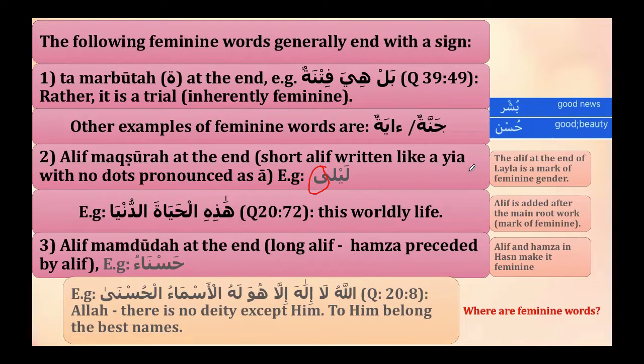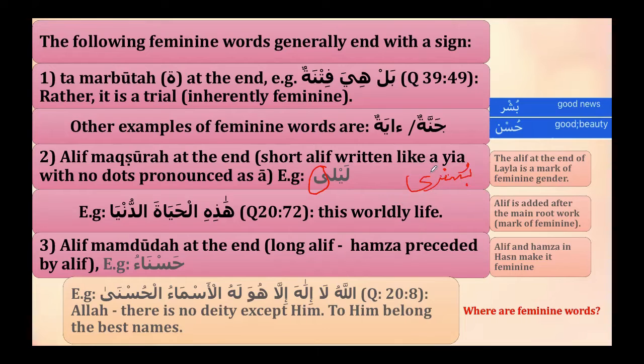But now if I add this alif maksura at the end, bushra, you see, now it's a female name, right? Bushra, who's in this class, her name is Bushra.